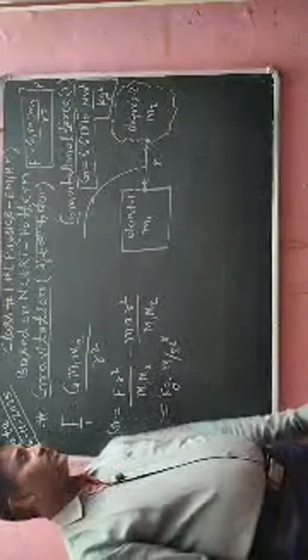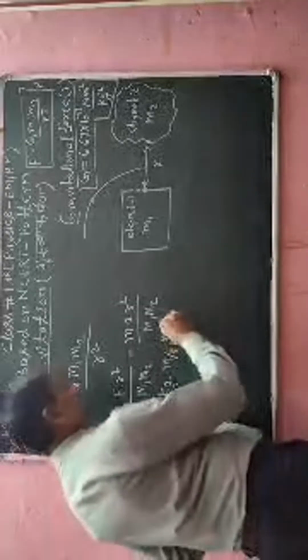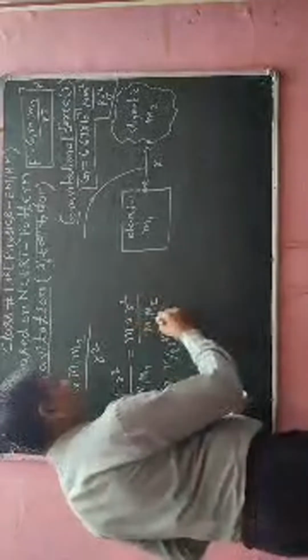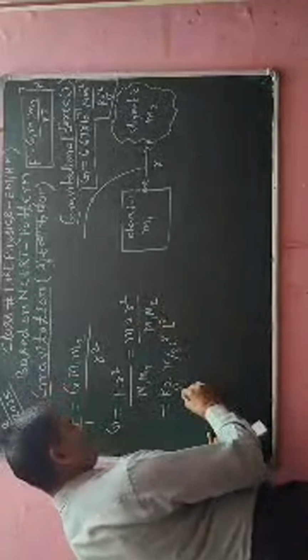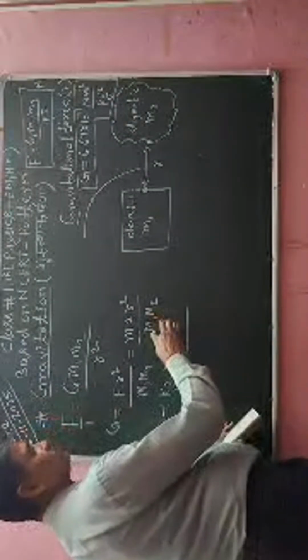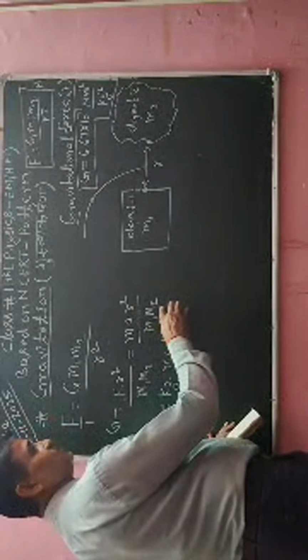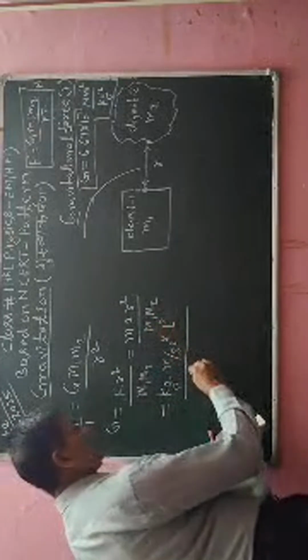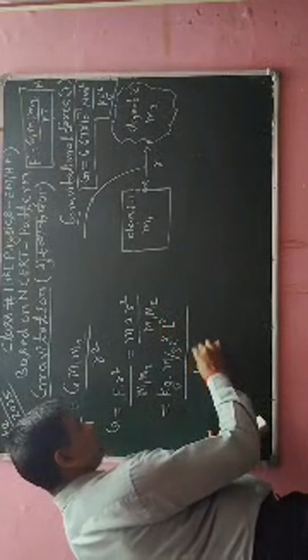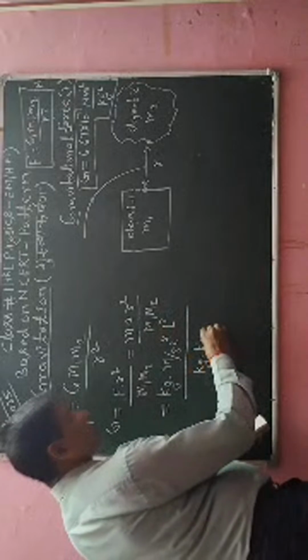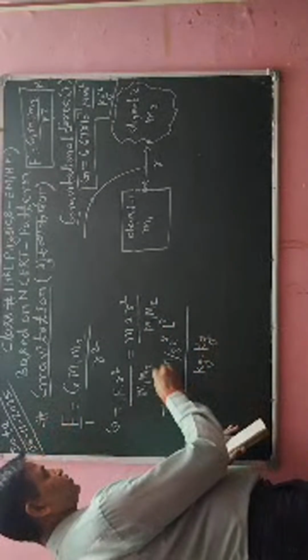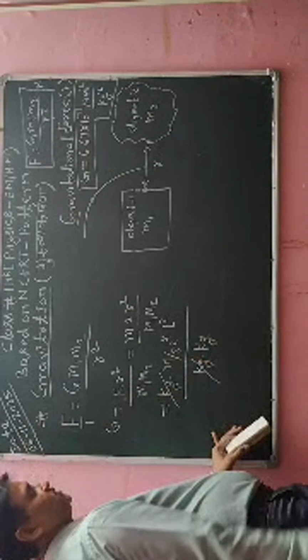Meter is the unit of length, that is length measurement. So I will write here: since it is squared, I will put the square, divided by mass of the first object, mass of the second object. These are also measured in kg, and the second is also measured in kg. So 1 kg and 1 kg will cancel out.